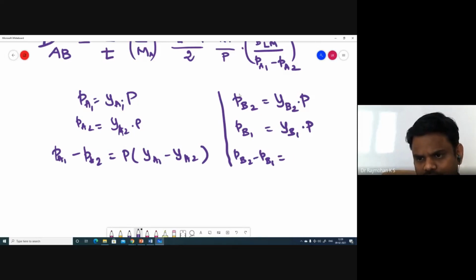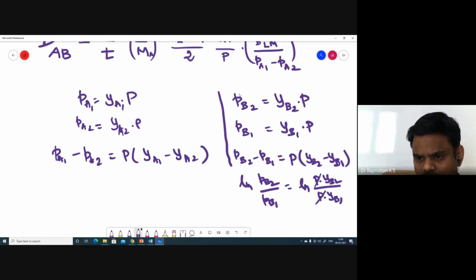It is P into YB2 minus YB1. And what will ln PB2 by PB1 become? That becomes ln of P into YB2 by P into YB1, so P gets cancelled here.